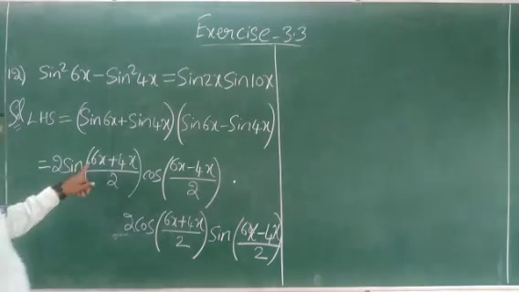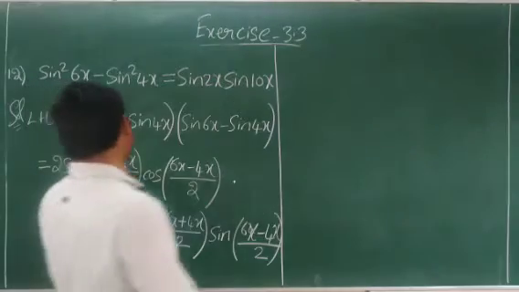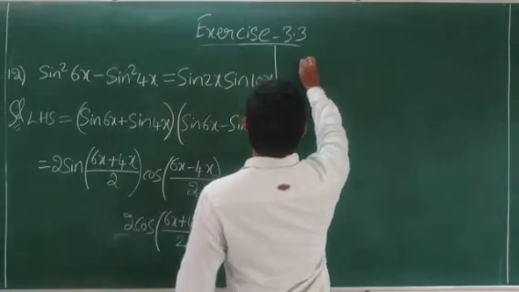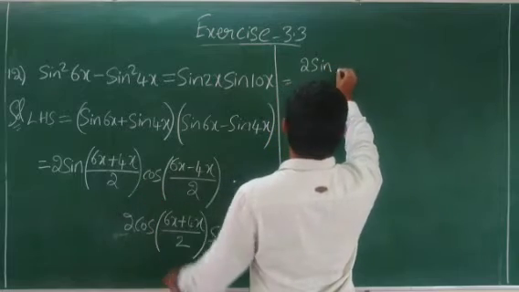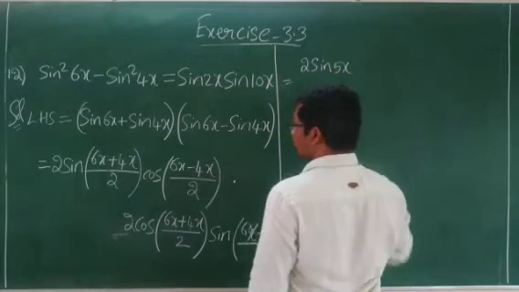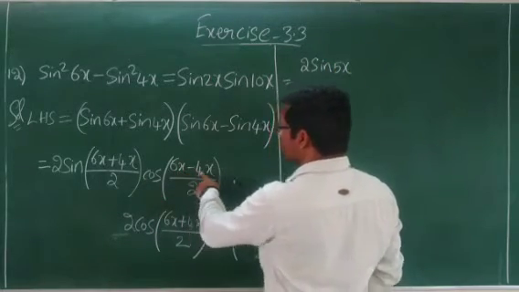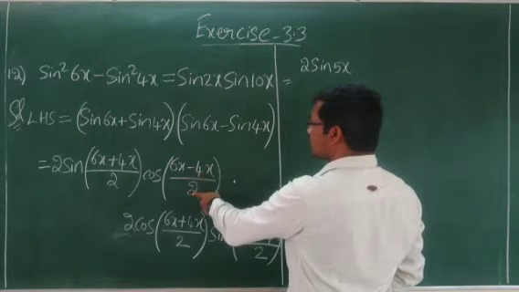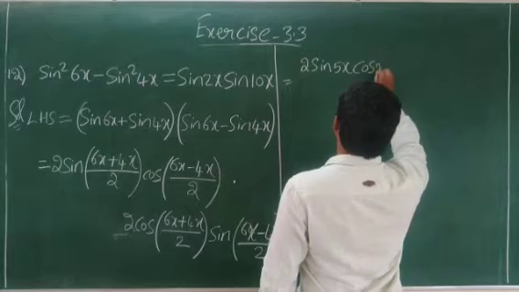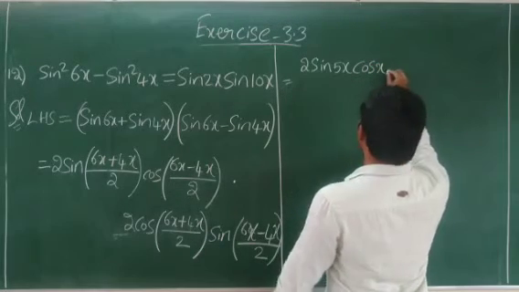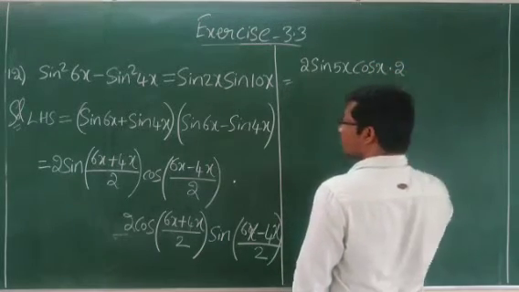So simplify this. 6x plus 4x, 10x by 2 is 5x. So that is equal to 2 sin of 5x. This is 6x minus 4x, 2x by 2, gets cancelled, we get only cos x, into again 2.